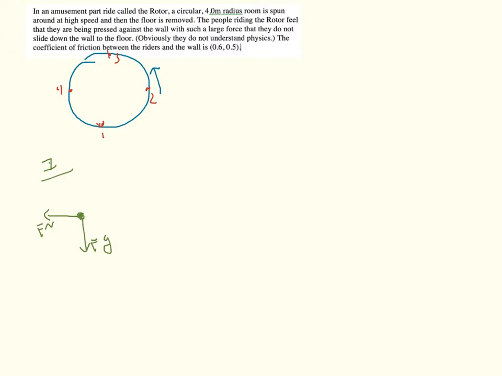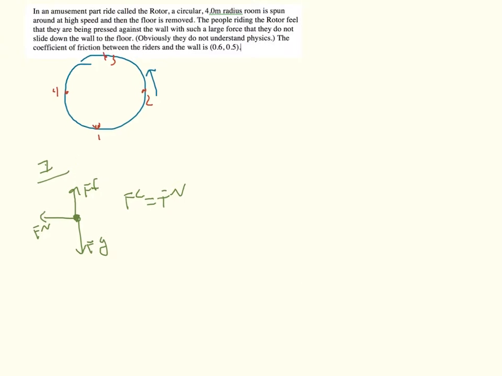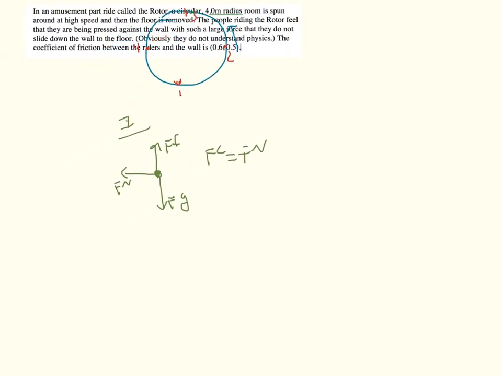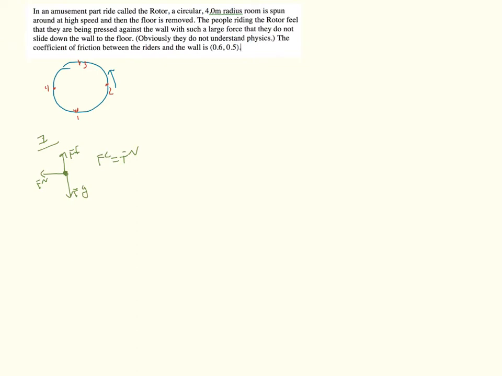But the question is, what's pushing up? If the ride is pushing in towards the center of the circle, what's resisting gravity? So there must be some frictional force here that's resisting the pull of gravity. And so in this case, the centripetal force is the normal force at point 1. Okay, so that's a free body diagram for point 1.